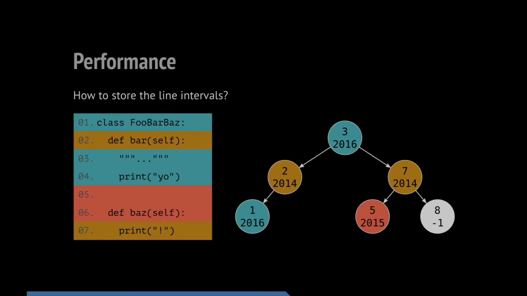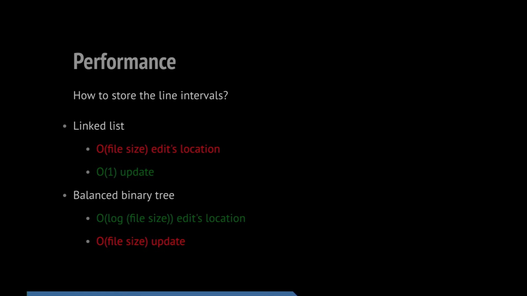But there is a second approach, which is a balanced binary tree, where you put indices of starting lines instead of lengths. And you can infer the interval size by just subtracting this number from this number, for example. Each approach has its own pros and cons.